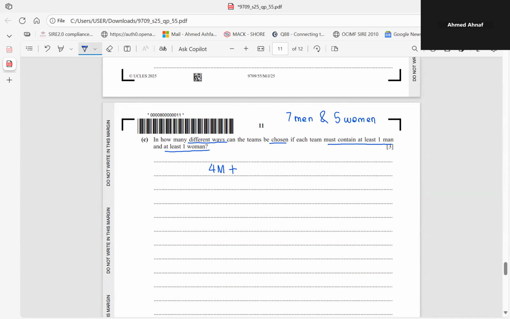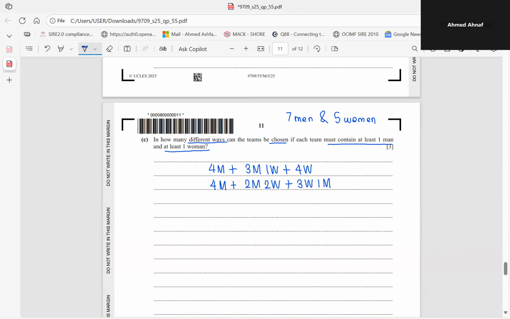So we can have 4 men, and then the following one, we can have 3 men, 1 woman, and then we can have 4 women. So this is one possible combination. And the other one can have 4 men plus 2 men, 2 women, and 3 women, 1 man.